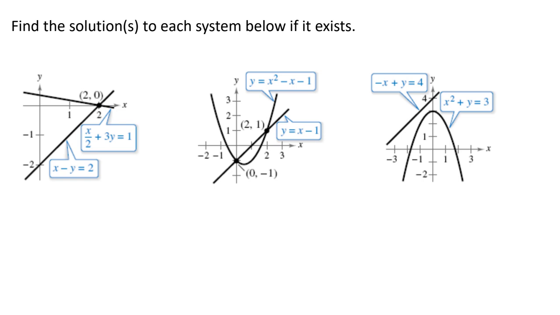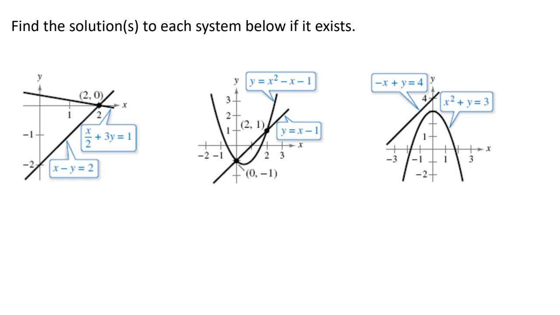This point satisfies the equation for both. If I put 2 for x and 0 for y in the first equation, this should equal 1. And if I put 2 for x and 0 for y in the second equation, I should get the answer 2.